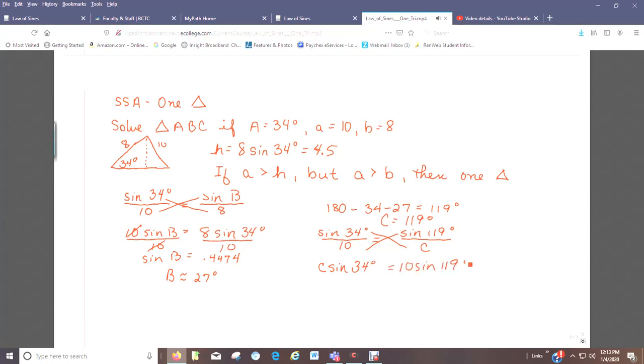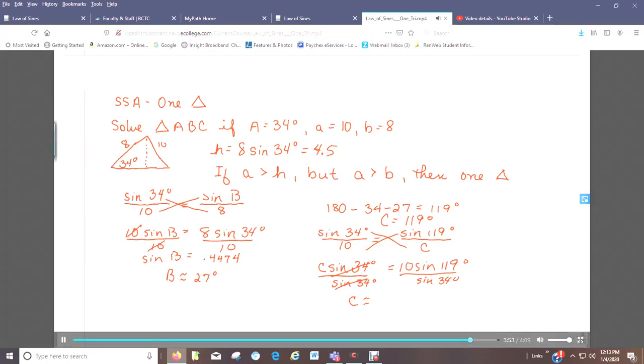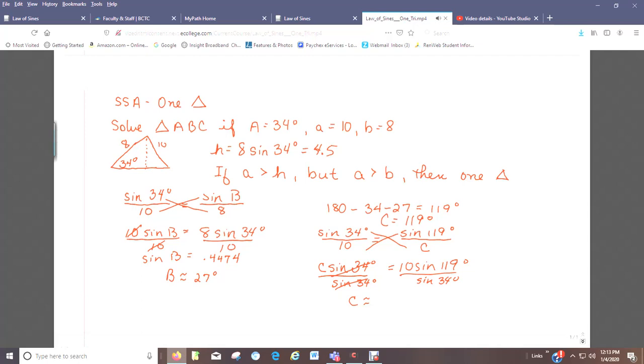I'll go ahead and divide out the sine of 34 that's with my C. And we get C is whatever this is when we stick it in the calculator. 10 sine of 119 divided by sine of 34. And that gives me, when I round it off, approximately 16.